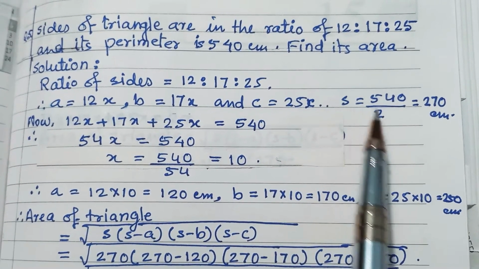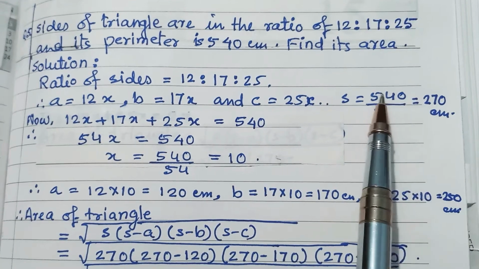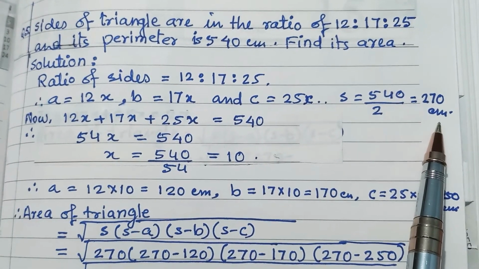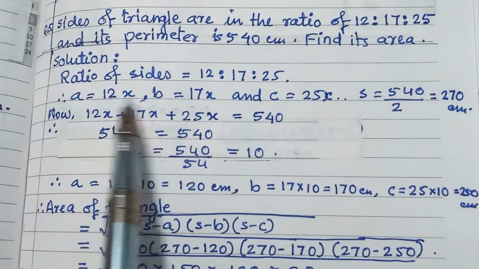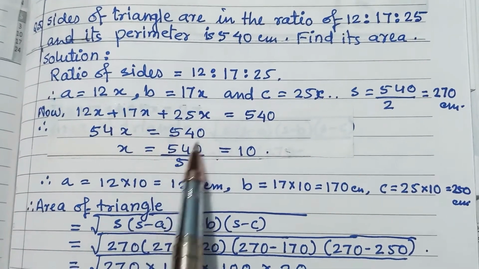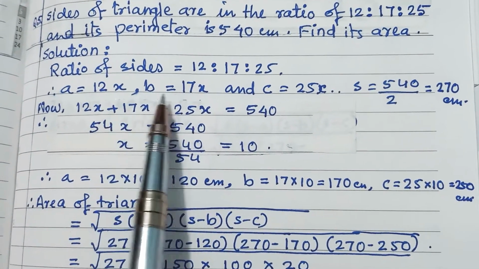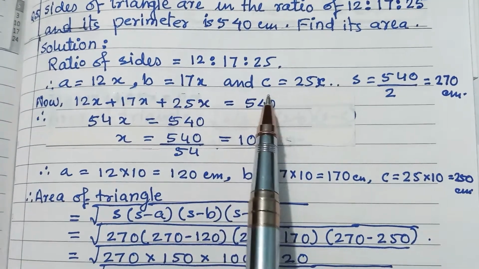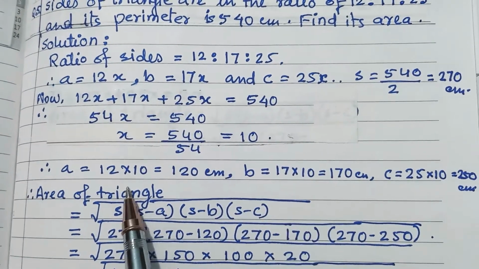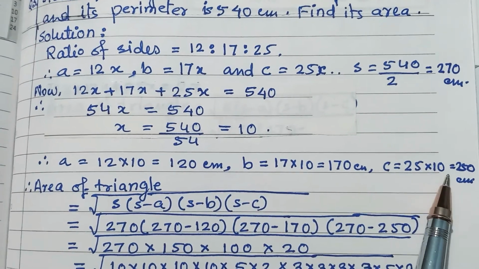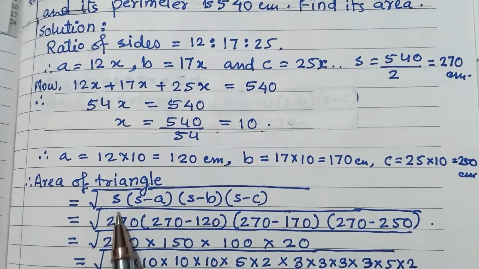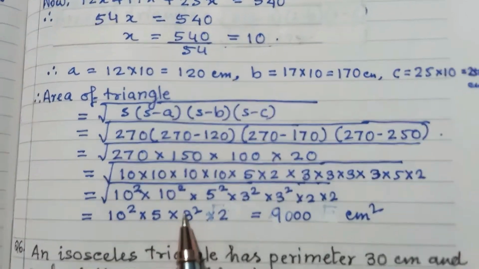Semi perimeter is 540 upon 2, it is 270 centimeter. Now substitute again. From here you have to find out x is 10. A is equal to 12 into 10, B 17 into 10, C 25 into 10. These 3 values we have got. Okay. Now substitute these values.